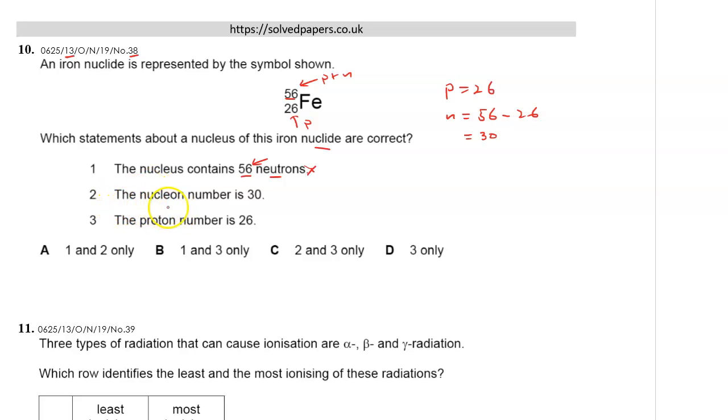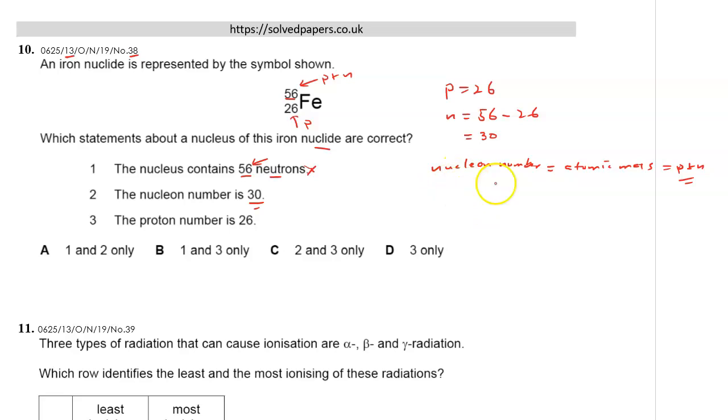Statement 2, the nucleon number is 30. You have said that the nucleon number is equal to the number of protons plus the number of neutrons in the nucleus. So nucleon number is equal to atomic mass, which is equal to protons plus neutrons, right?